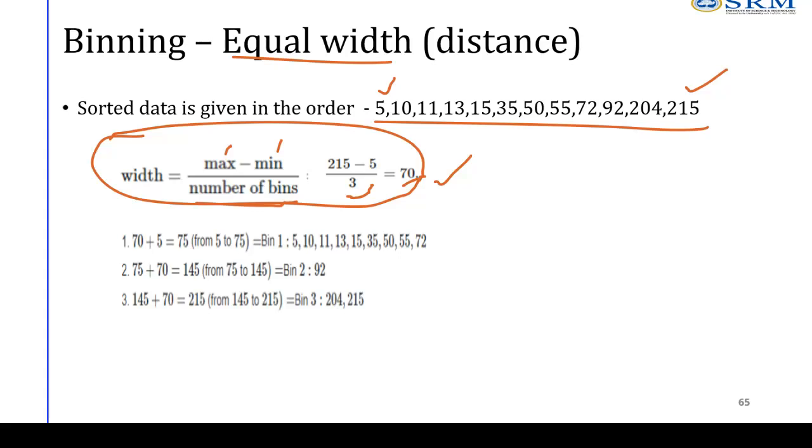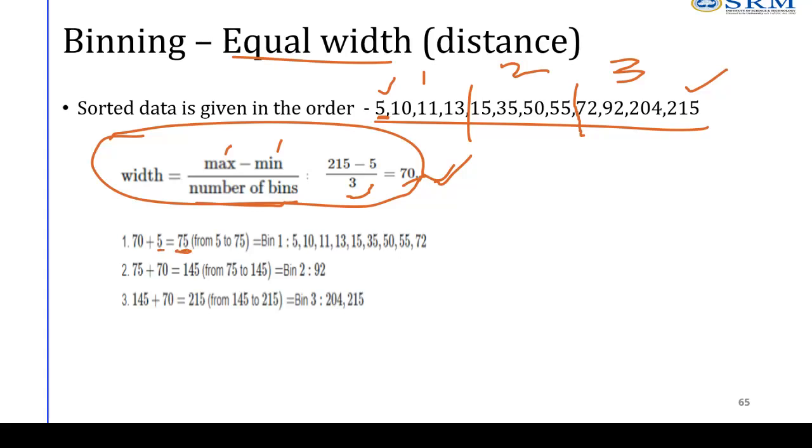So this will be my first bin, this will be my second bin, and this will be my third bin, with 4 elements. For the first bin, the width plus the minimum value 5 is equal to 75.